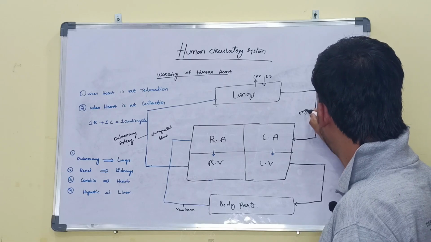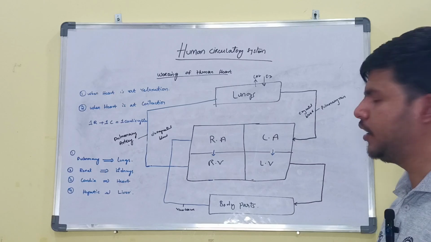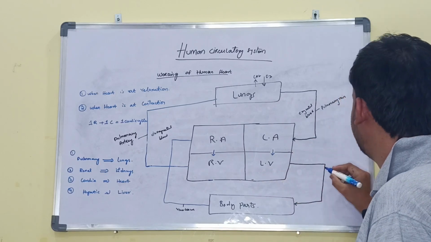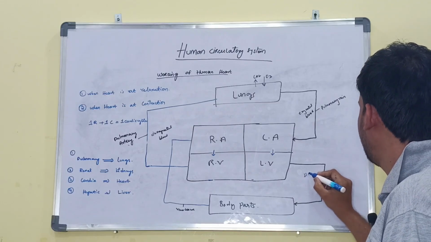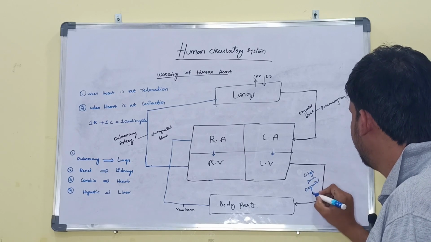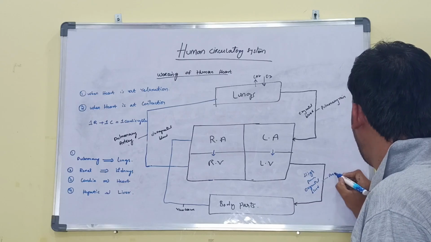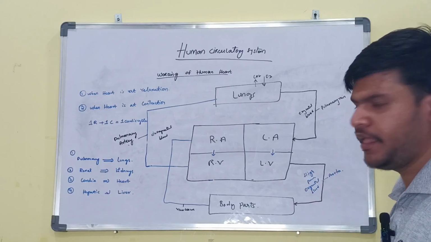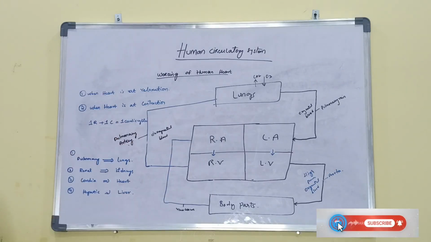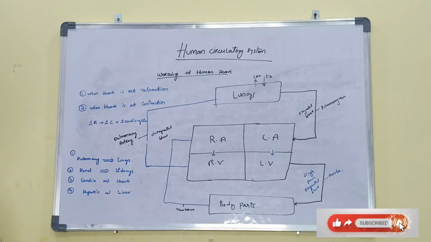That oxygenated blood will be transferred to left auricle. From left auricle to left ventricle. From this, the high pressured oxygenated blood will be transported to body parts with the help of aorta. This is the working principle of human heart. You can take a screenshot.